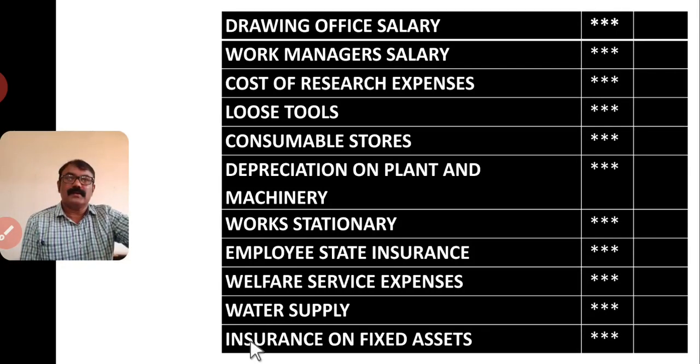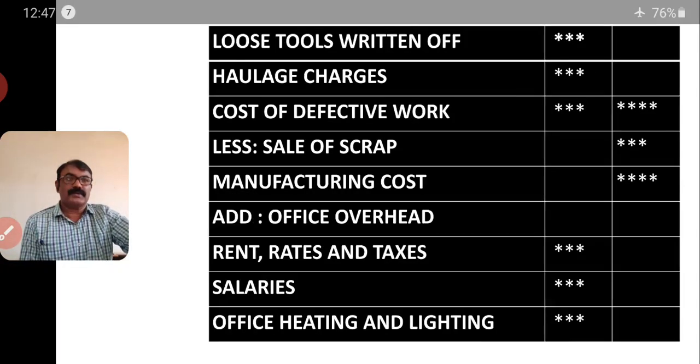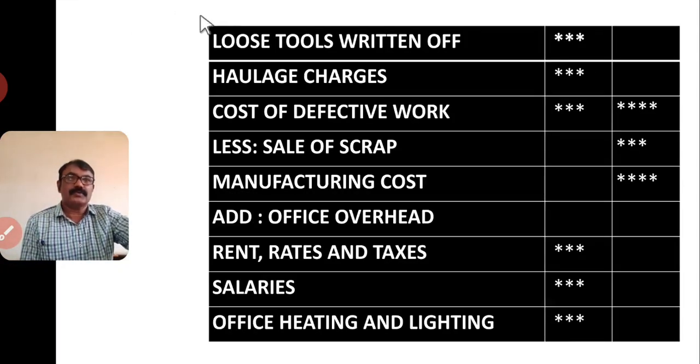Next, depreciation on plant and machinery. Here, works stationery, employees state insurance, welfare service expenses, water supply, insurance on fixed assets. Next, loose tools written off, hauling charges, cost of defective works.